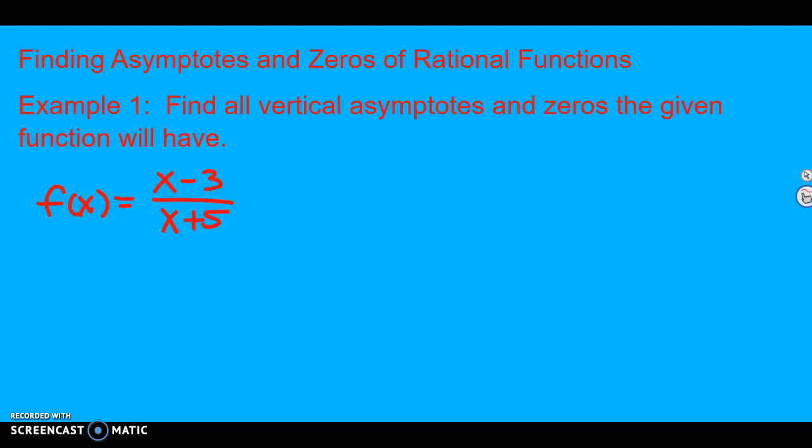All right, let's get to what our homework's going to look like today. Today you're going to be asked to identify the x values for which you will have the asymptotes of a function and the zeros of a function. So we're going to start with a very simple example, a simple rational function, f of x equals x minus 3 over x plus 5.